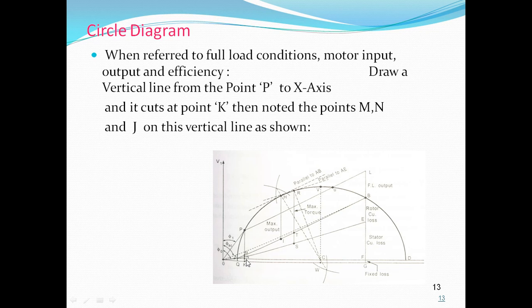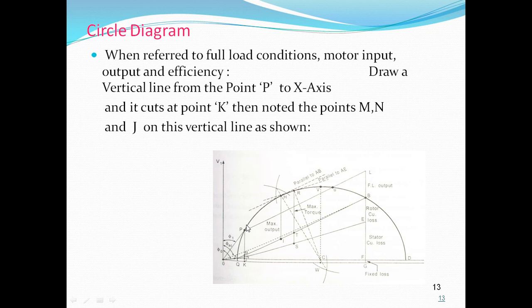M is the point where it cuts the output line, N is the point of intersection cutting the torque line, and J is the point which cuts the horizontal line.